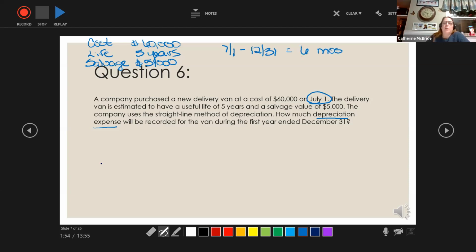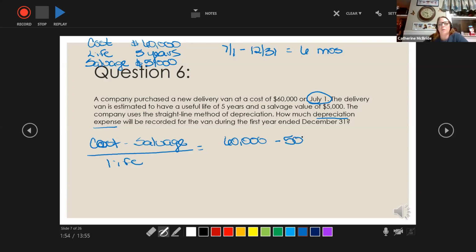So I'm going to figure out the depreciation expense with the formula cost minus salvage value divided by life. So my cost is 60,000 minus my salvage value of 5,000, divided by, I'm going to need it in months.